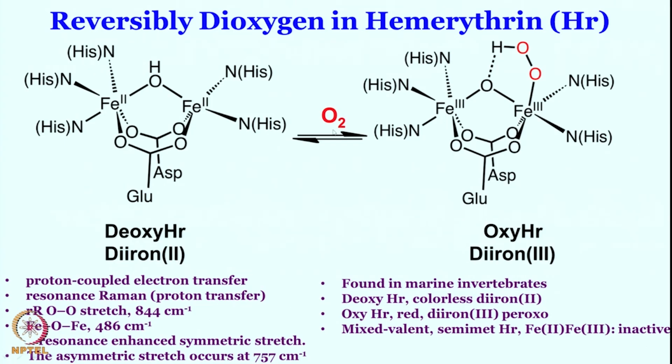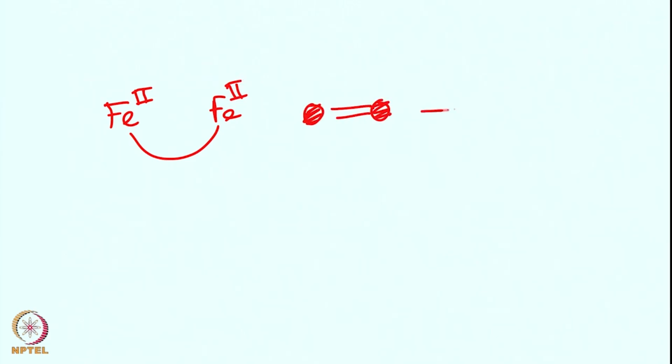Let me draw it very quickly. What you will see here is a diiron center, right. I am not drawing the bridging too much. So, it is a diiron center, you are reacting with oxygen. Of course, I will draw stepwise; not necessarily do these intermediates form and stabilize very easily. They are forming, but you cannot stabilize them.